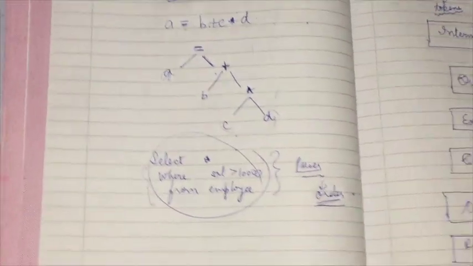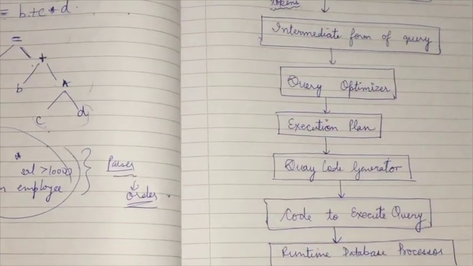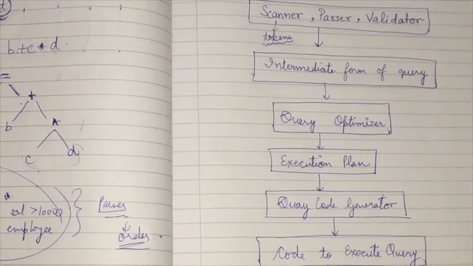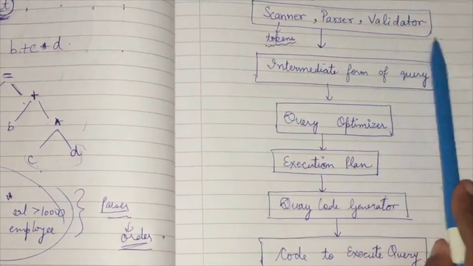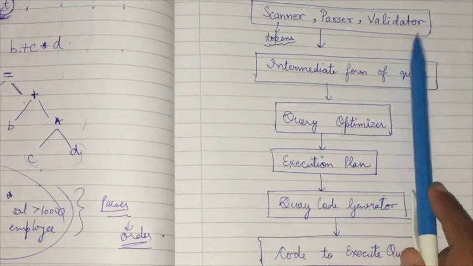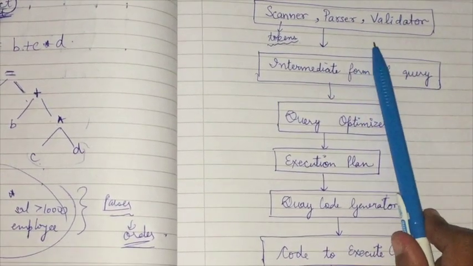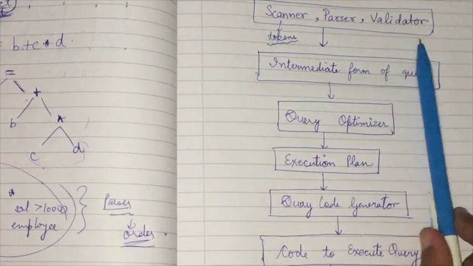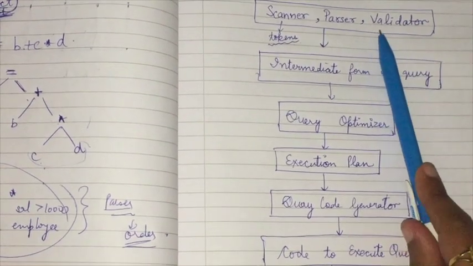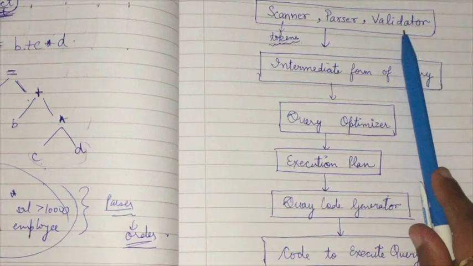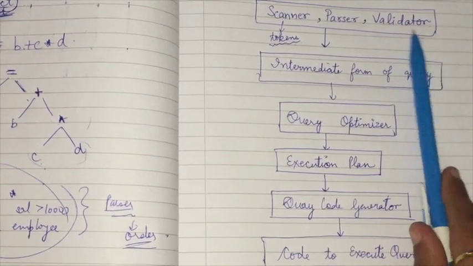Now after the scanner and parser have performed their functions, finally the validator validates whether the query is correct or not, and it keeps generating compilation errors until the query is entered in a correct manner. Finally it is verified, or validated, by the validator that yes, the query is correct. So what happens after that?